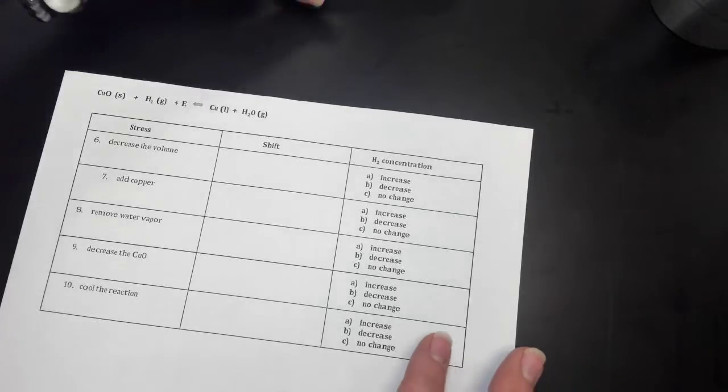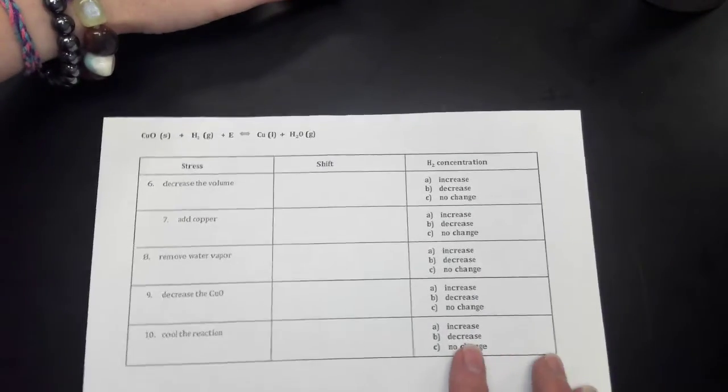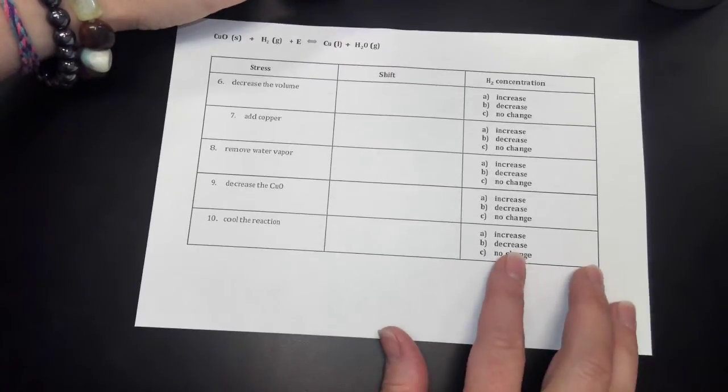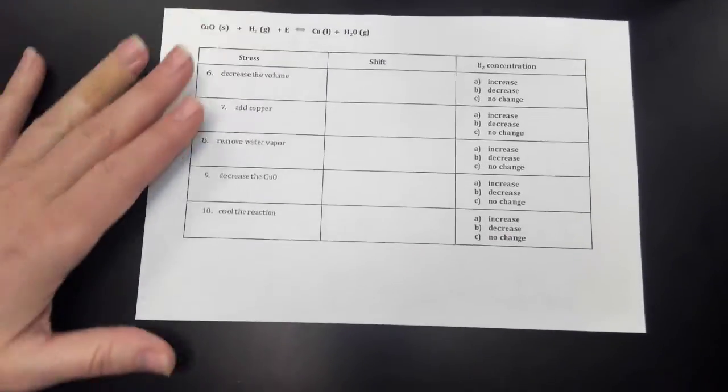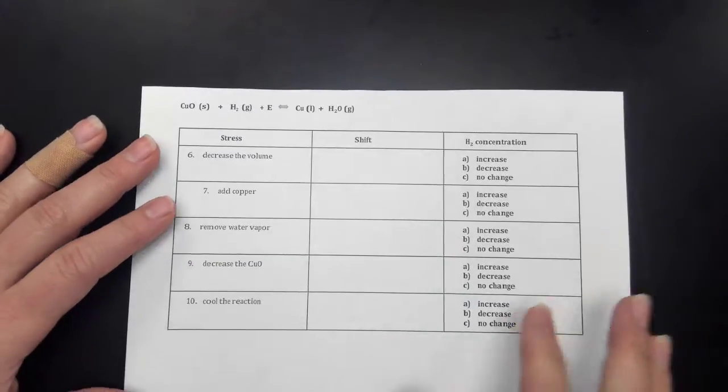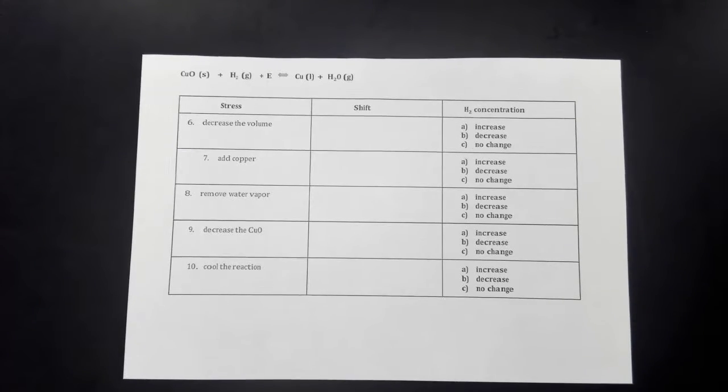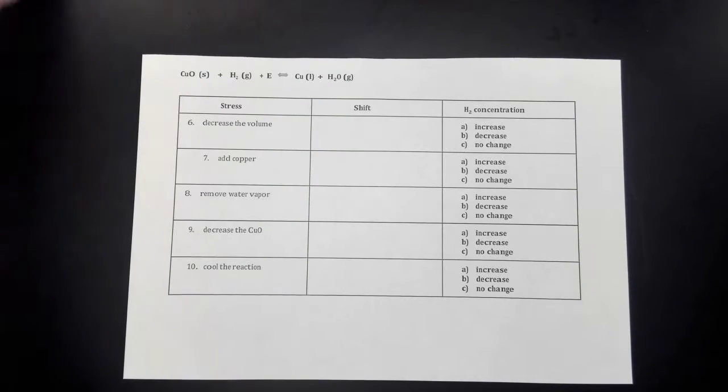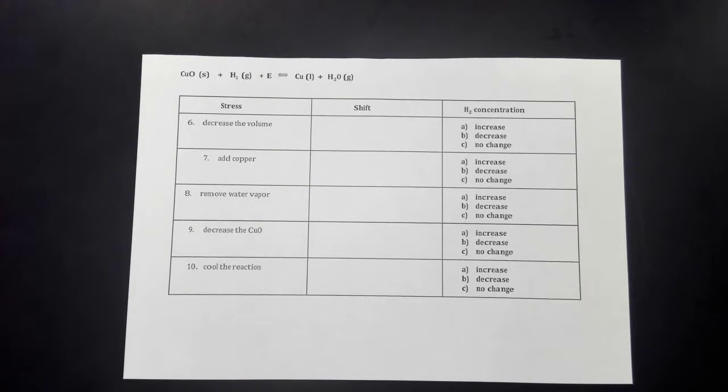Done, enter your score into your Mimeo vote and then take out your math equilibrium worksheet homework from yesterday. So we're starting here with predicting shifts and entering in our grades in Mimeo. If you're done, you may put it back.